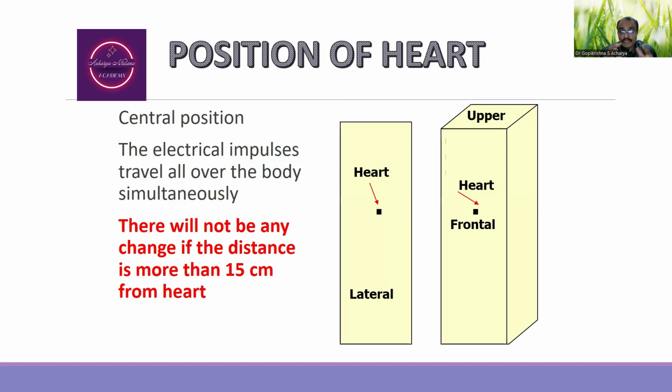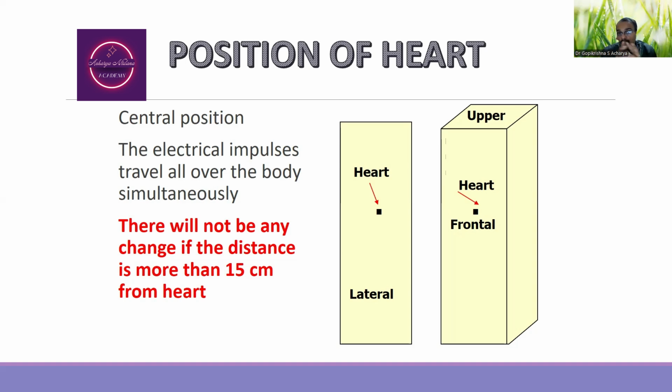The heart is situated in the center, and the electrical impulses generated in the heart will be moving in all directions. From the center of the heart it will be moving in different directions, and this we have discussed in the previous slide.